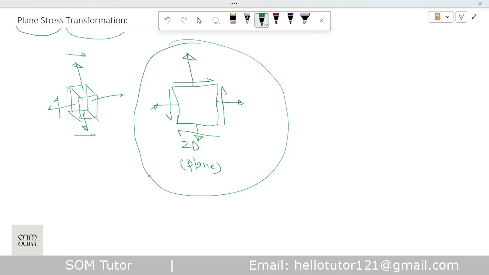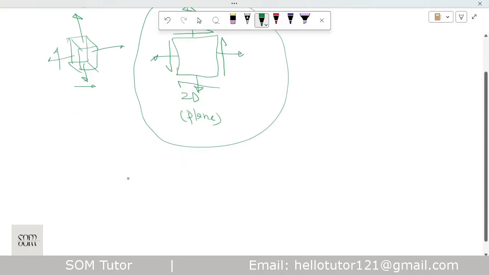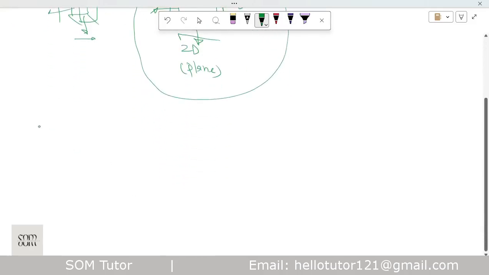Now let us talk about plane stress transformation. Now we can understand this transformation, I feel like, in two ways. So let me show it here.